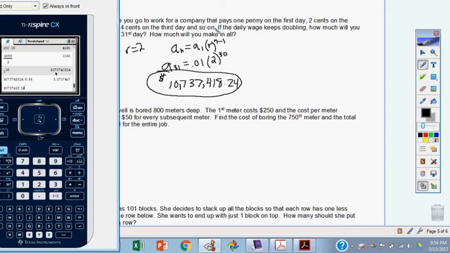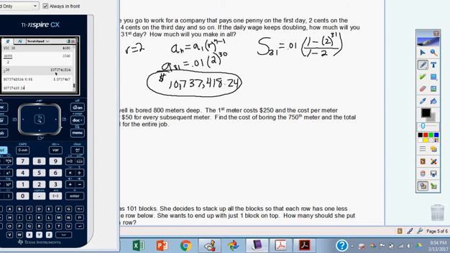How much will you make in all? So again, sum up the first 31 days. And what will that be? That will be the first term, which is 0.01, and using our formula, 1 minus r, which is 2, raised to the n, which is 31, all over 1 minus r.